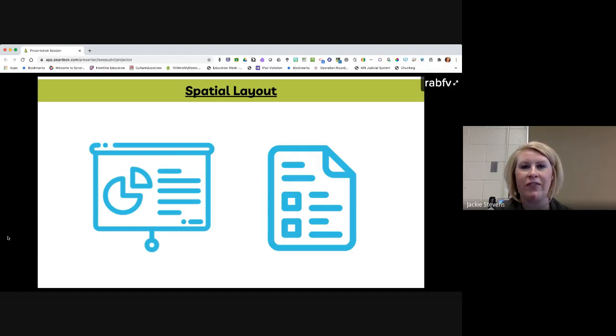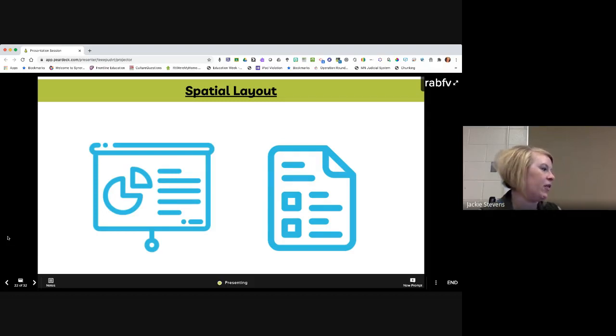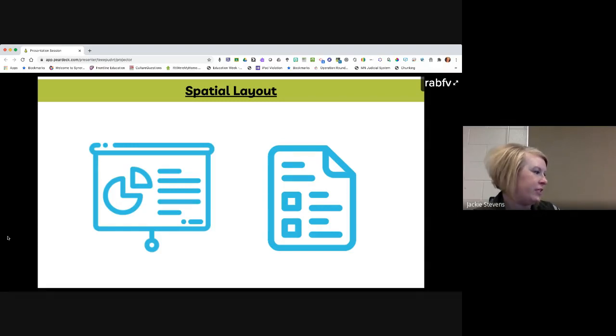They always know where to find the headings. Those predictable spatial layouts actually free up mental resources in somebody's brain, and it supports their learning and memory. So a spatial layout can be used as a guiding cue to help students recall information.